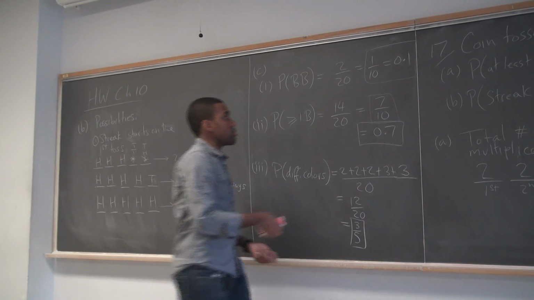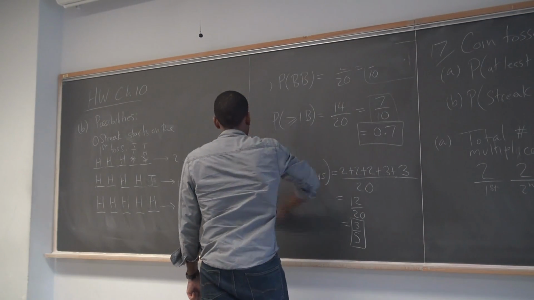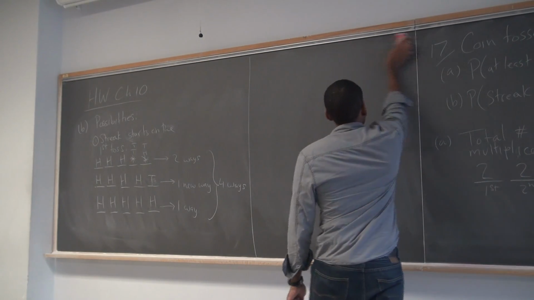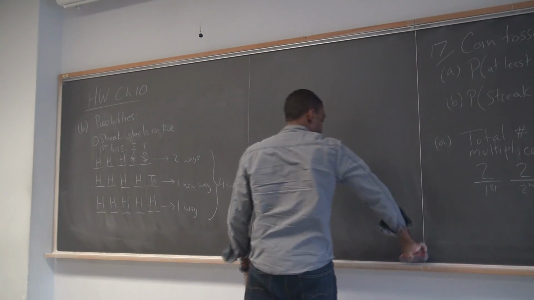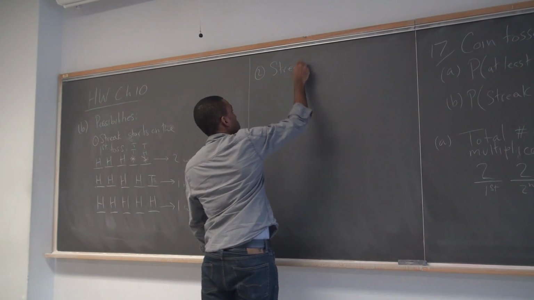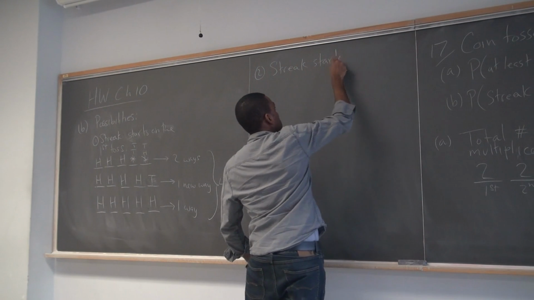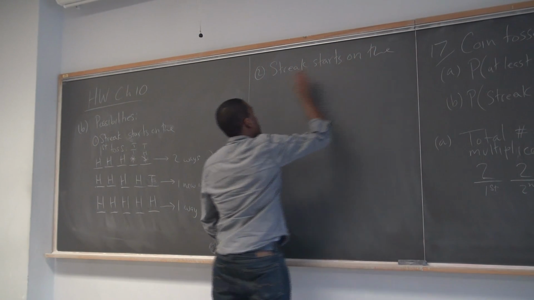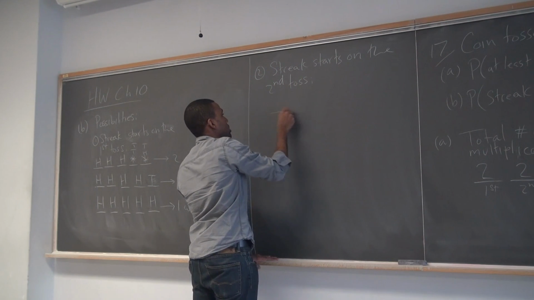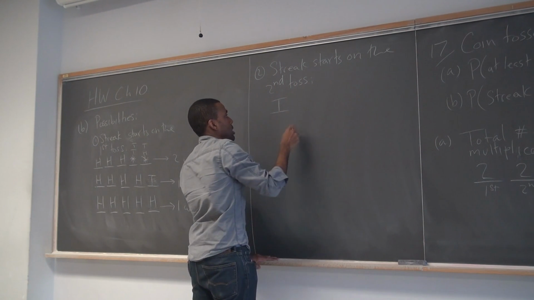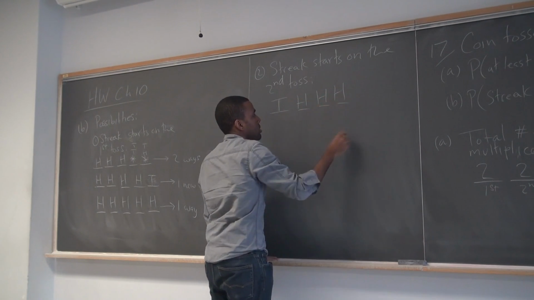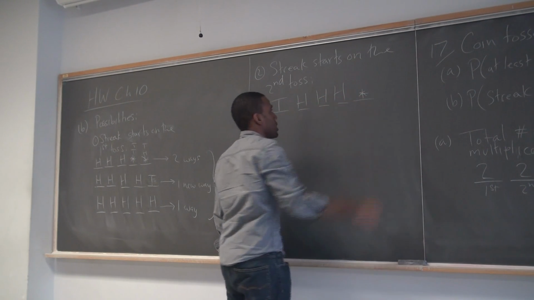Right? So let's pretend the streak starts on the second toss. Which means the first one has to be a T, then I get 3 heads. Then for the last possibility, what will happen?